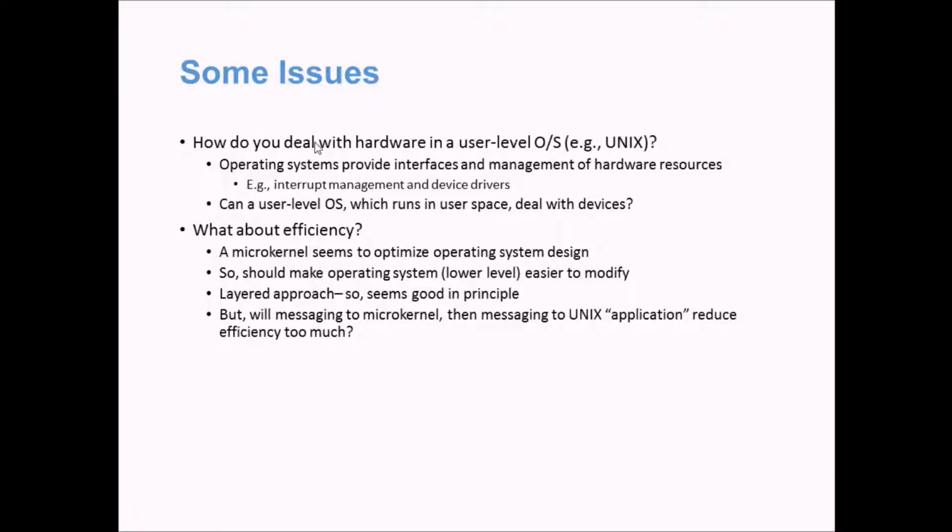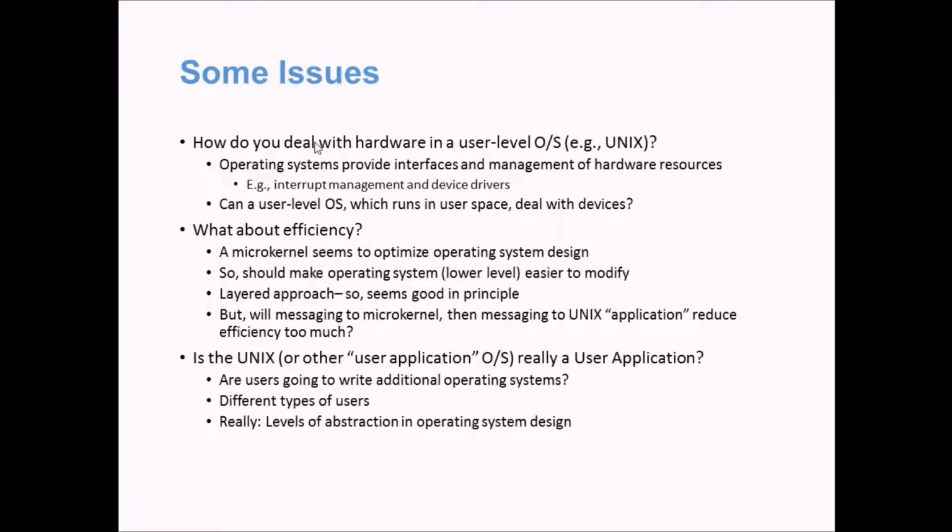But messaging to the microkernel, then messaging to the Unix application, reduces the efficiency too much. Is Unix or another user application OS really a user application? This is also a question that can occur when we run the OS on Mach. Are users going to run the additional operating systems?